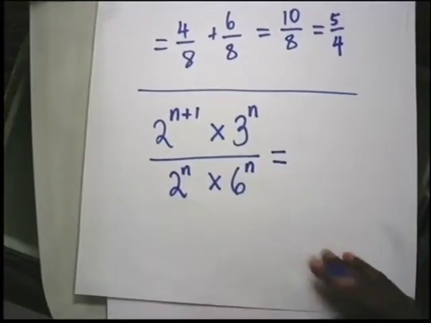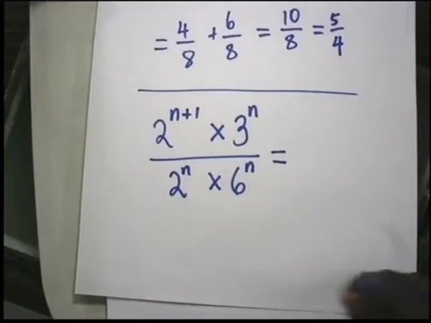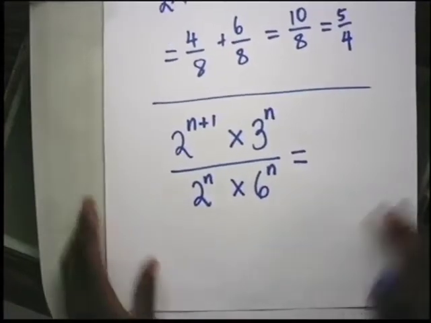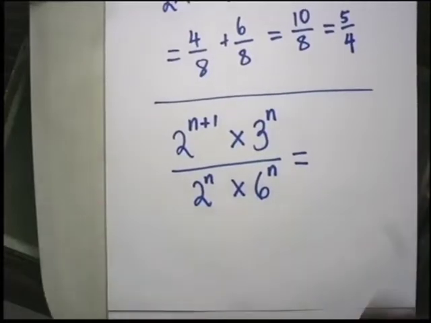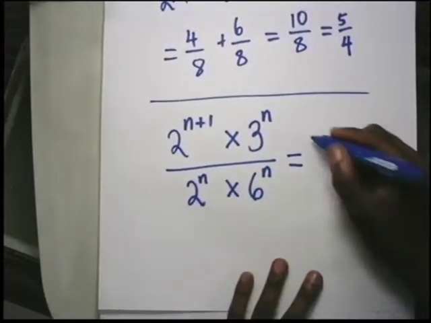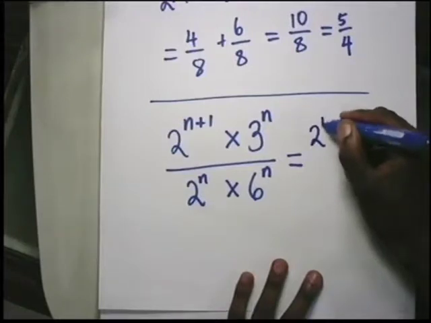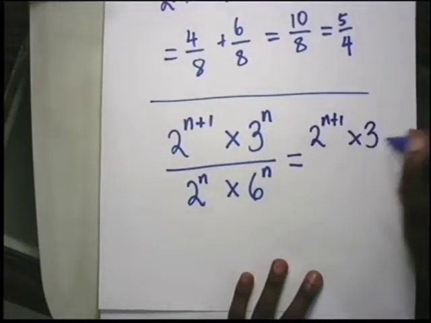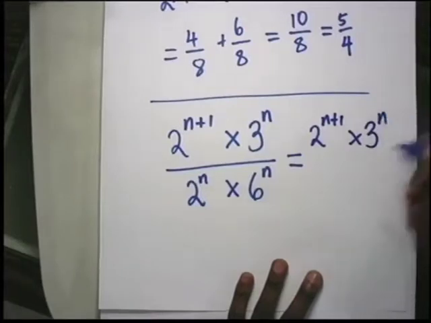You should express each number in terms of their prime factors. So the 2 is fine, you leave it as it is, and the 3 also is fine.